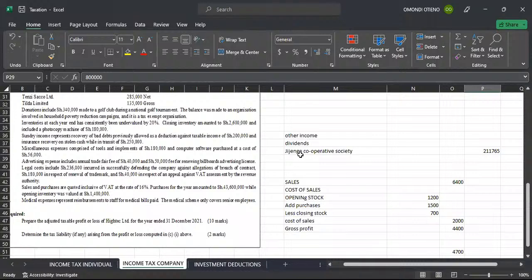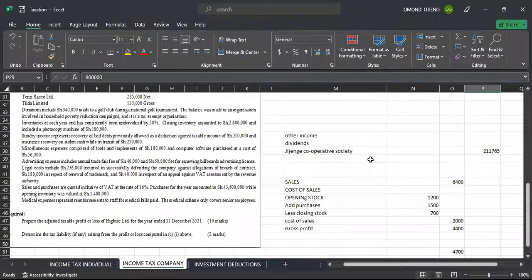Is there a particular reason we were told about Uganda? What if it was dividends from a country that does not have a double tax treaty with Kenya? It will be subjected to tax. So long as it is outside Kenya, we are told the withholding tax is final, so we are not supposed to subject it to another tax.